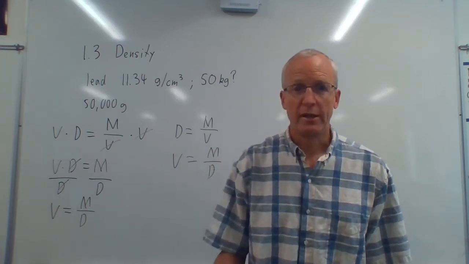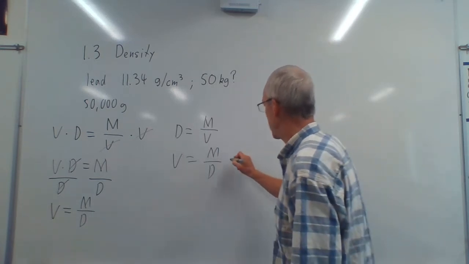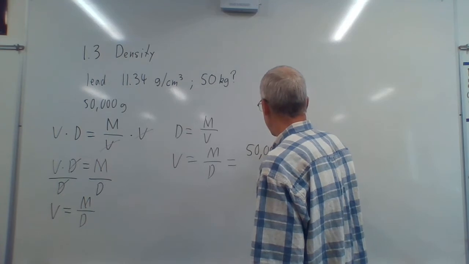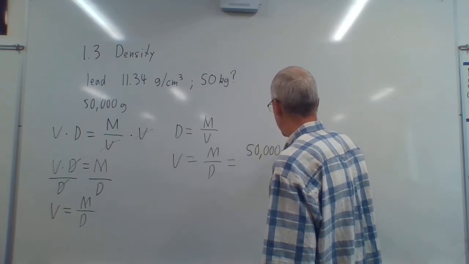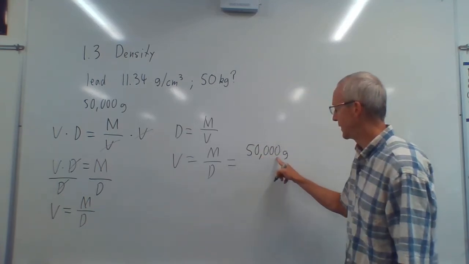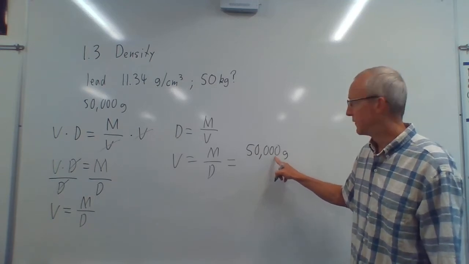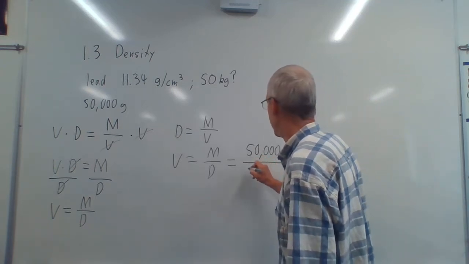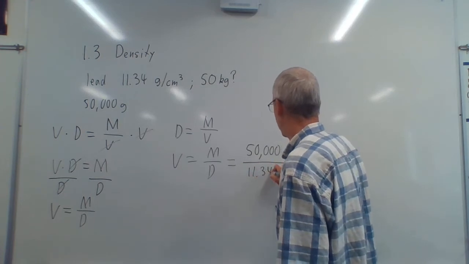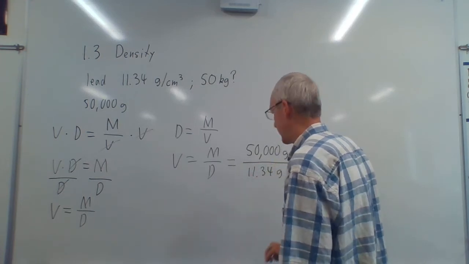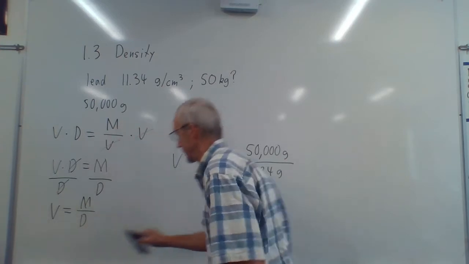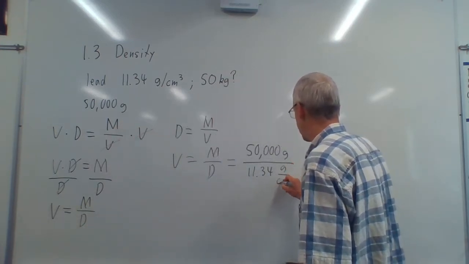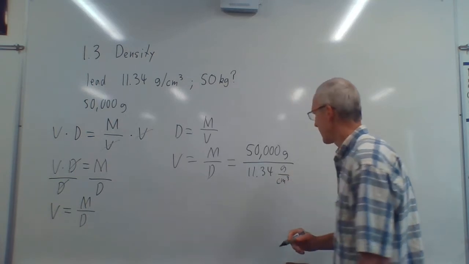So let's figure out the volume of what we have here. Our mass is 50,000 grams, which is 50 kilograms. Kilo just means 1,000, right? Replace kilo with three zeros. So 50,000 divided by the density, which is 11.34 grams. Now here's another trick: I'm going to write this the correct way as a fraction, grams per centimeter cubed.